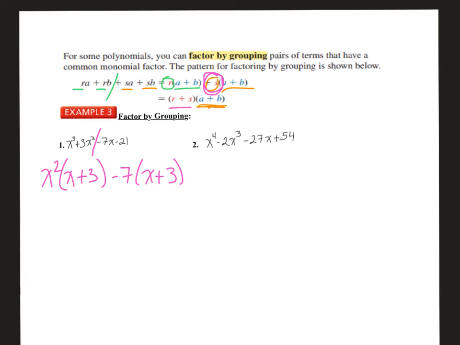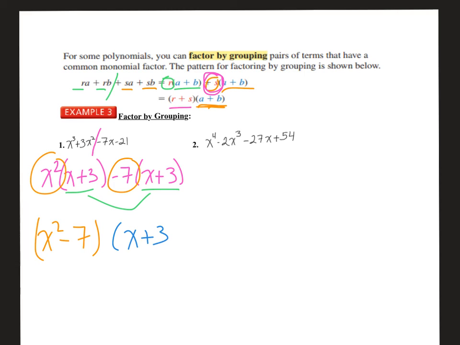So I have the x plus 3's in common, so that's going to come together and give you x plus 3. You're going to take whatever's left on the outside, and that's going to give you the first factor, just like that. Oh, I forgot to close that first parentheses. There you go. And just like that, you're done.